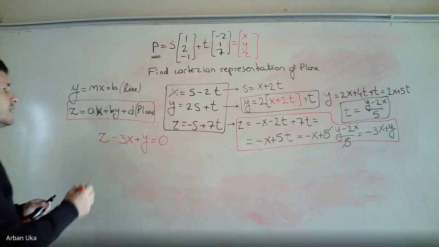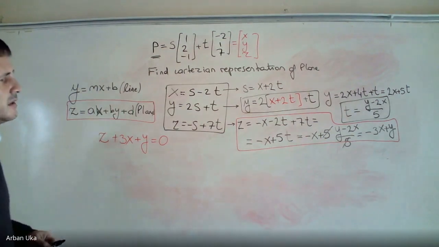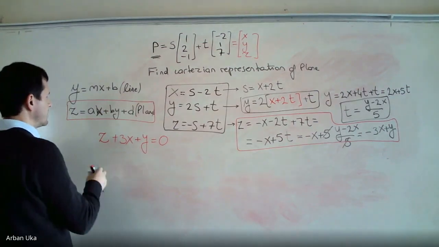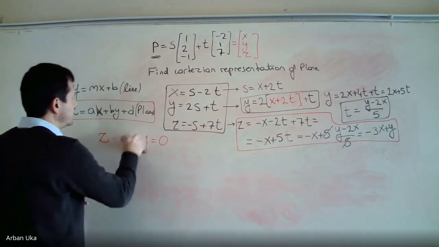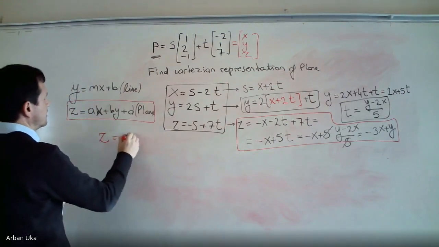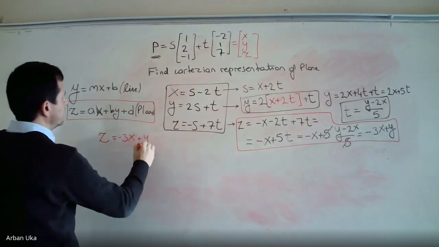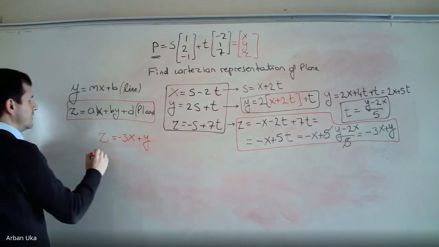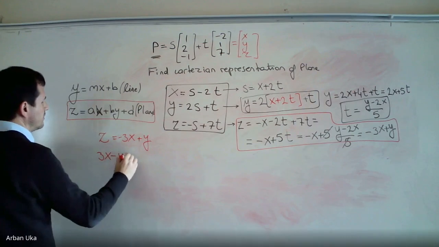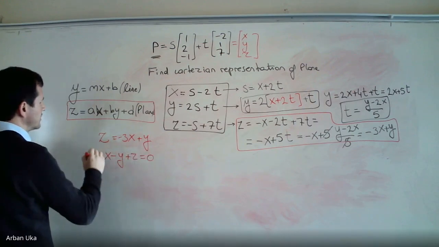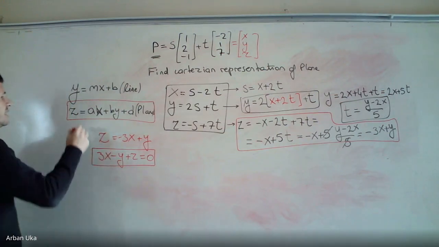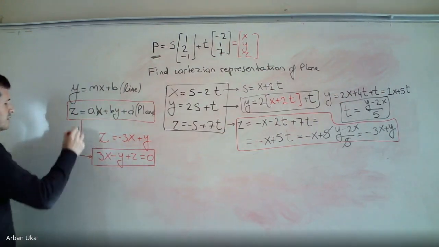Okay, if we write it like this, it's going to be plus, y is going to be minus 1. Maybe it is even best. Okay, so let me write this. From there we get z is equal to minus 3x plus y, or we can have here 3x minus y plus z. This is equal to 0.